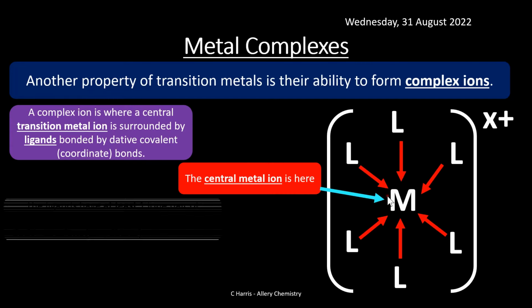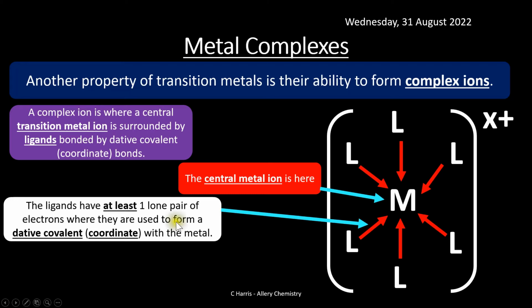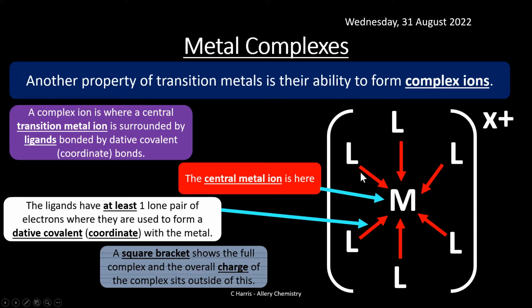The ligands must have at least a lone pair of electrons, and they donate that lone pair into the transition metal ion to form this coordinate bond, this dative covalent bond. Now, you'll know from year 1 chemistry that these are quite weak as a bond. They're not as strong as a covalent bond, so these can be pulled away quite easily, and that gives rise to quite a lot of different reactions with transition metals, and keeps them versatile.